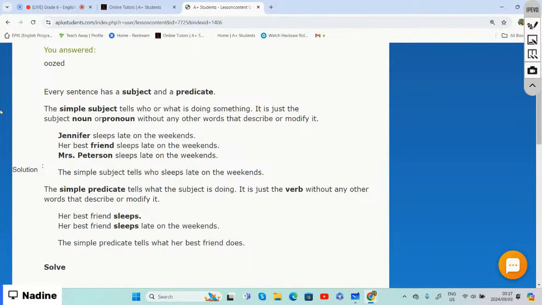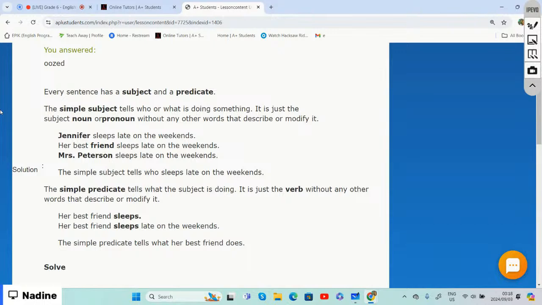If we were to only find the simple subject, we will say it is friend.